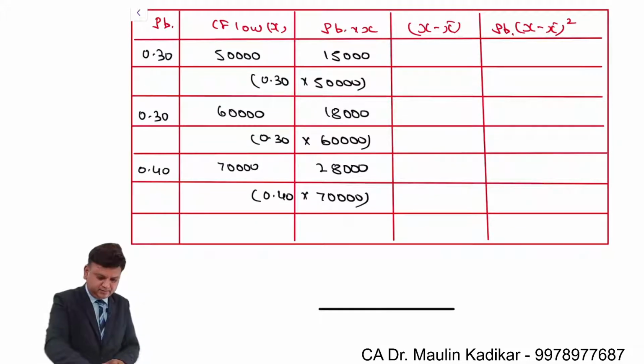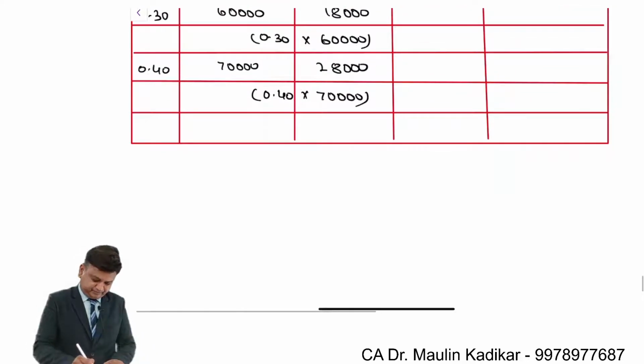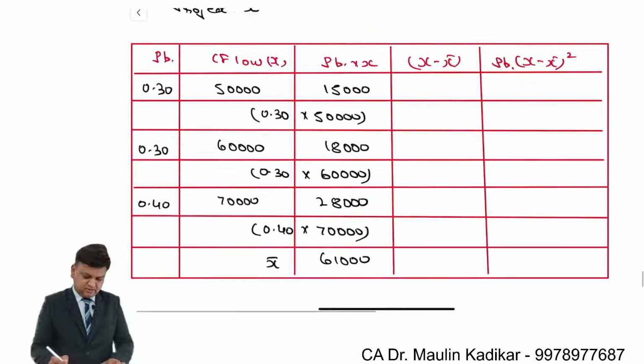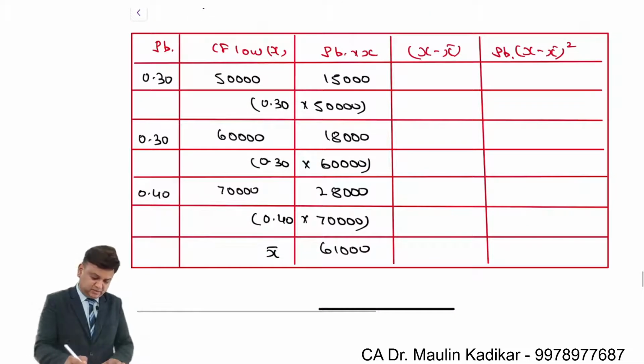So here we'll make the calculation as 15,000 plus 18,000 plus 28,000. That comes to 61,000. This is X bar.